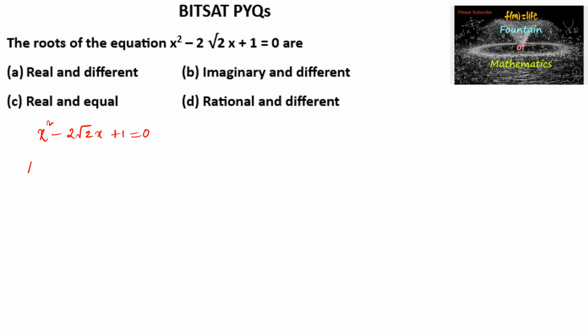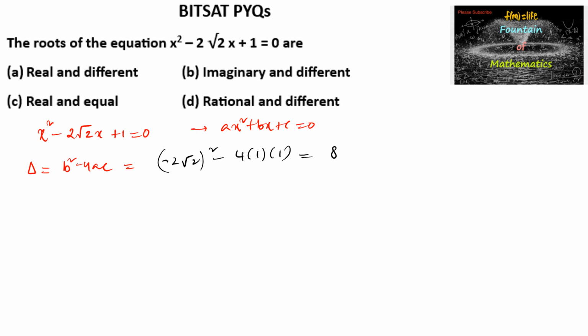Now let's find the discriminant. When comparing with ax square plus bx plus c equals to 0, the discriminant is b square minus 4ac, which is equal to minus 2 root 2 whole square minus 4 into 1 into 1, that is 2 2s are 4, 2 4s are 8, minus 4, which is equal to 4.